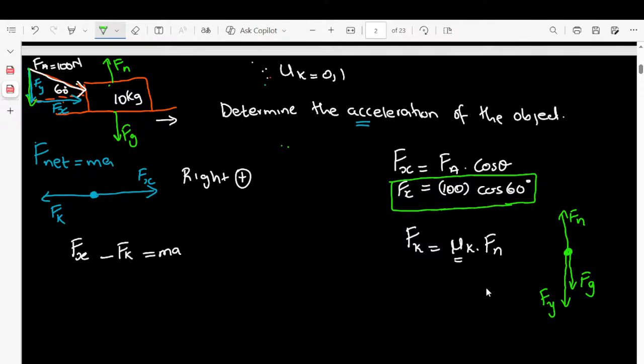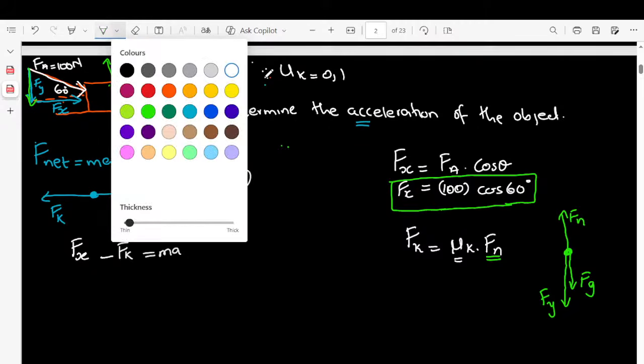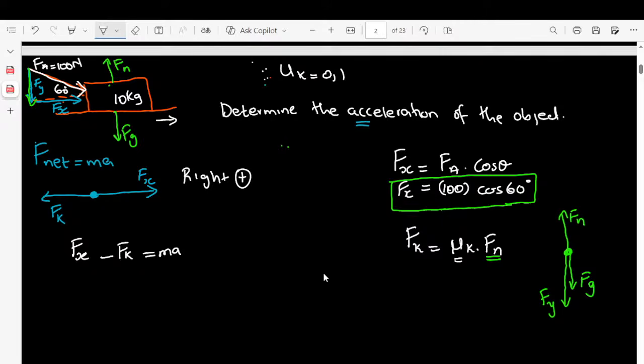So we choose up as positive, because I need to find the normal force, so all the forces going up are positive. This tells me that F net will be equal to 0, since these are vertical forces.